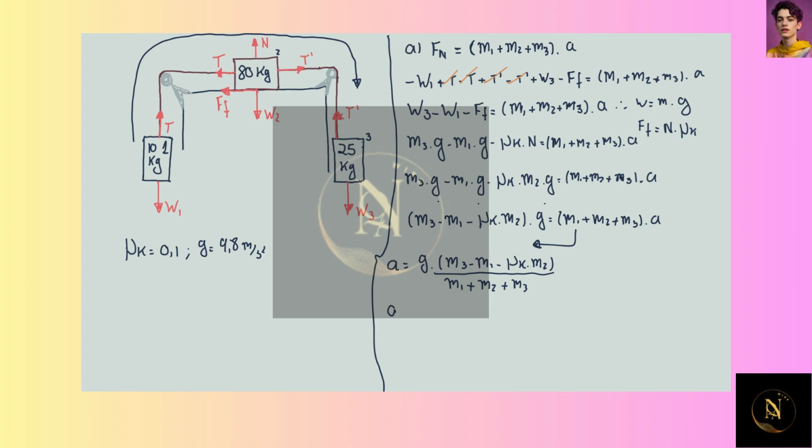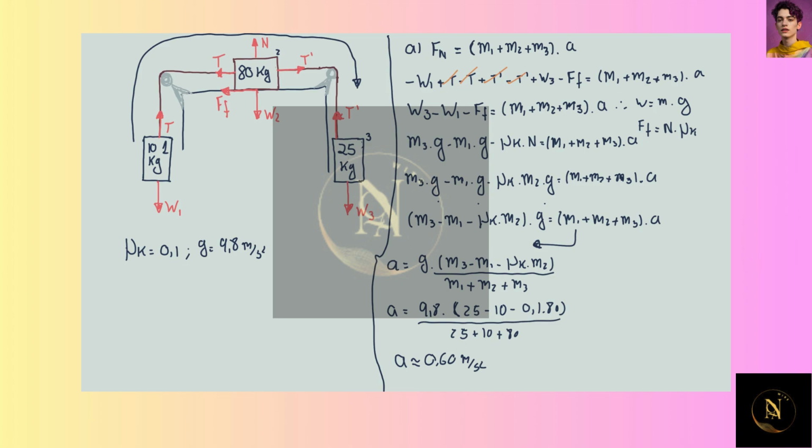Plugging in the values: 9.8 times (25 minus 10 minus 0.1 times 80) divided by (25 plus 10 plus 80). This results in an acceleration of approximately 0.60 meters per second squared.